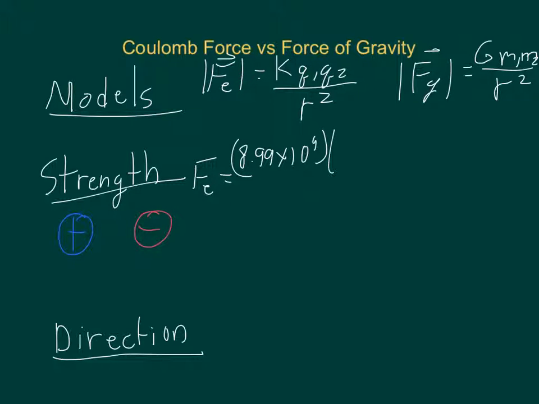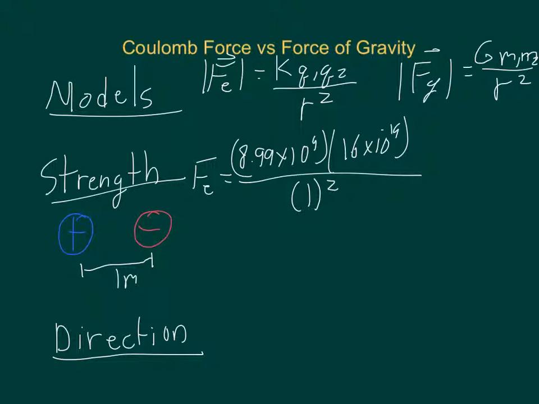I am doing this just because of limitation as far as space goes. So we have our electrostatic constant, and then both the electron and the proton will have the same amount of charge on them since they are elementary charges. And we are going to say that the distance between these two things is exactly 1 meter. So it'd be over 1 squared.